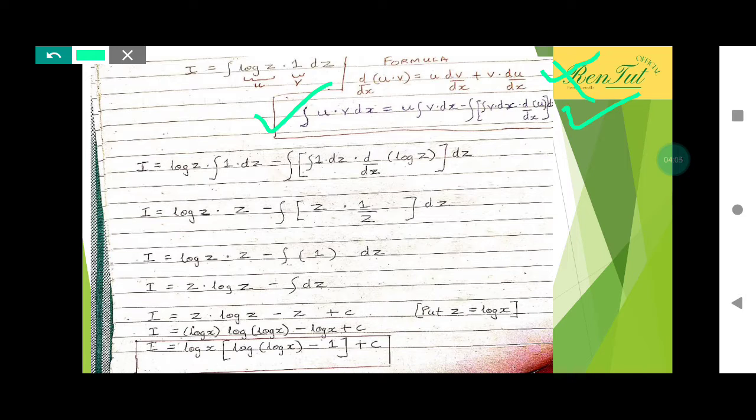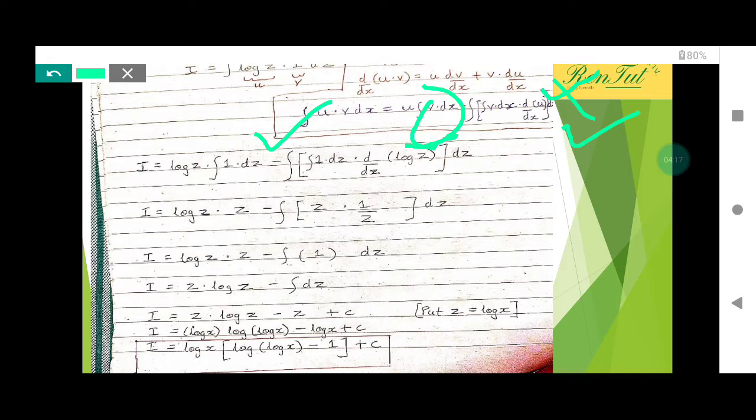You can see u is outside the integration at first, the integration of v dx, minus a bigger integration sign, bracket open, the same symbol will come over here.